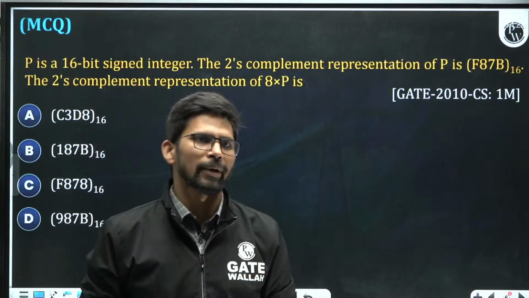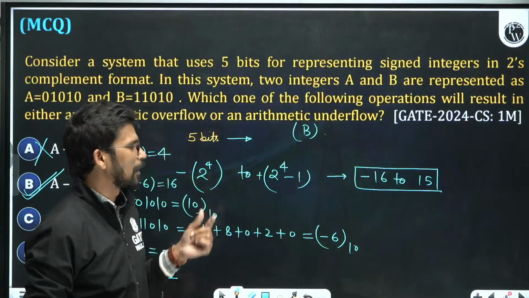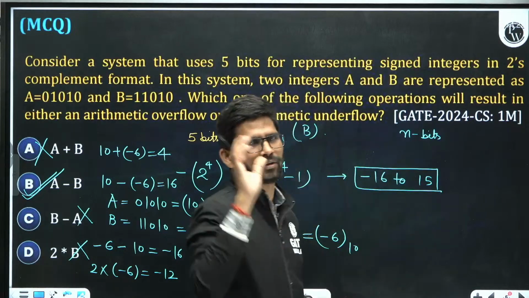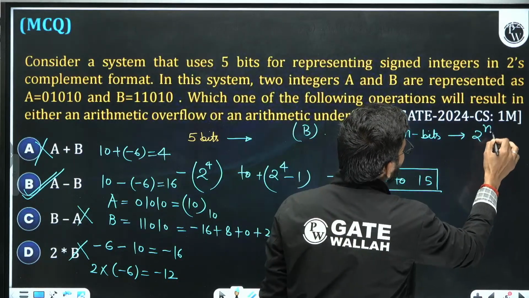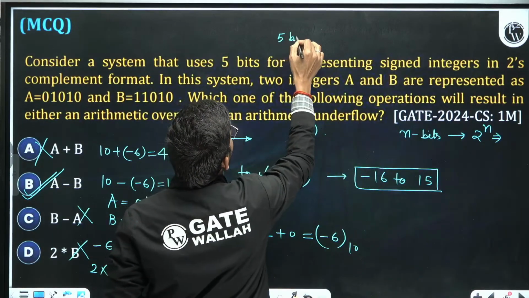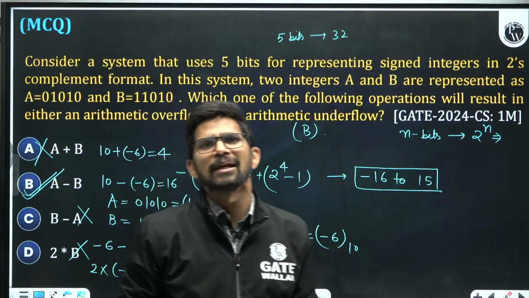The range is wrong, beta. Minus 32 to 31, no. The range is 2 to the power n. If there are n bits, Ankit the engineer, correct your concept. From n bits, total how many combinations will be there? 2 to the power n. From 5 bits, how many combinations will be there? Only maximum 32 numbers you can represent, beta.